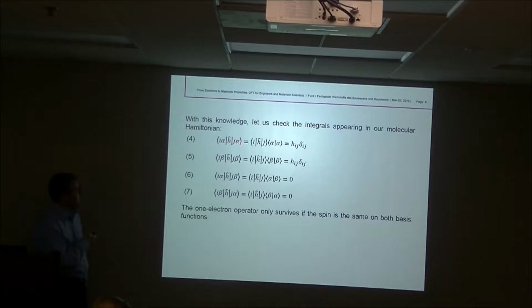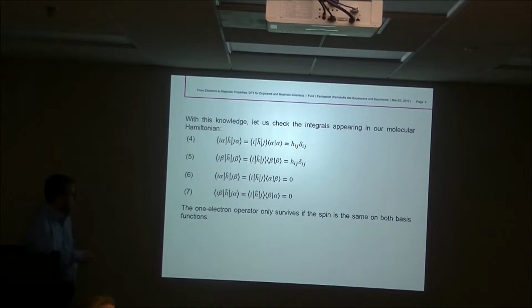So if we have the same spin, both alpha, we obtain a result. If both are beta, we obtain a result. If spin differs, we get 0, regardless of whether it's alpha, beta or beta, alpha.